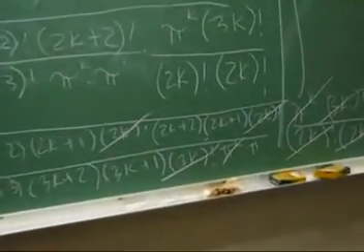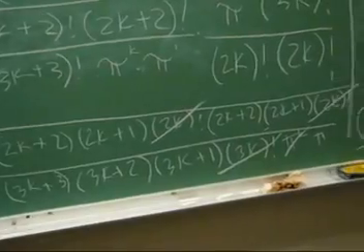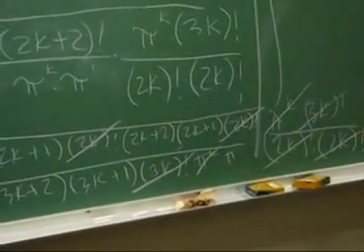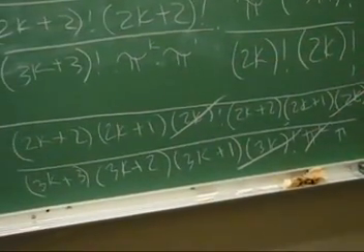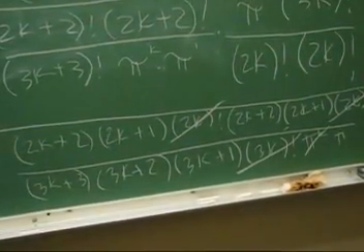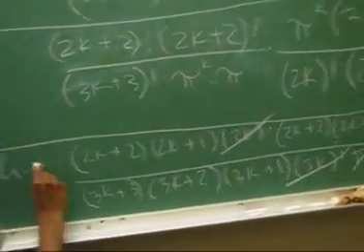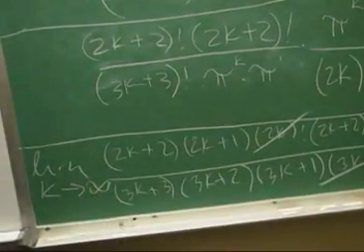Alright, so now as you can tell, we have a factored out equation, and the way the ratio test works is you have to take the limit. So write the limit as k approaches infinity.